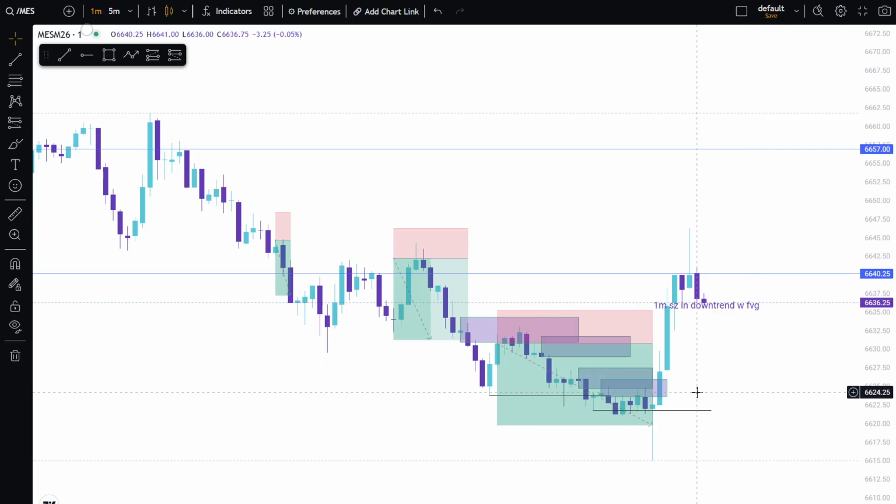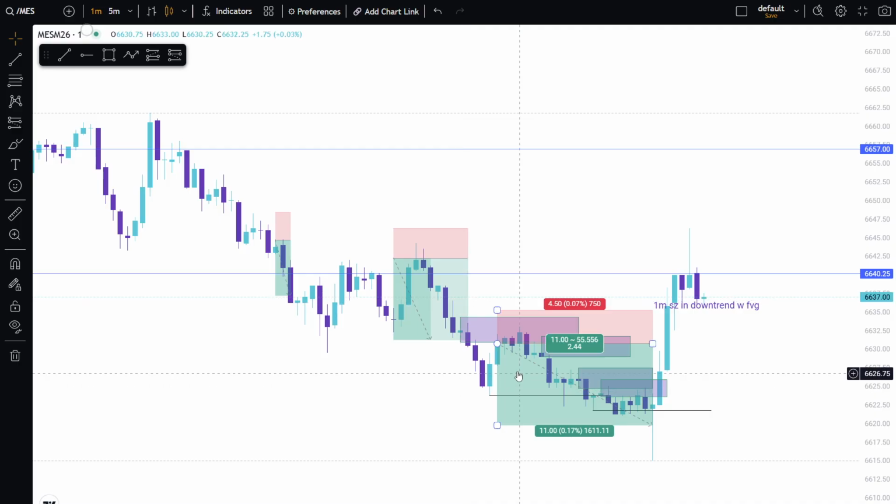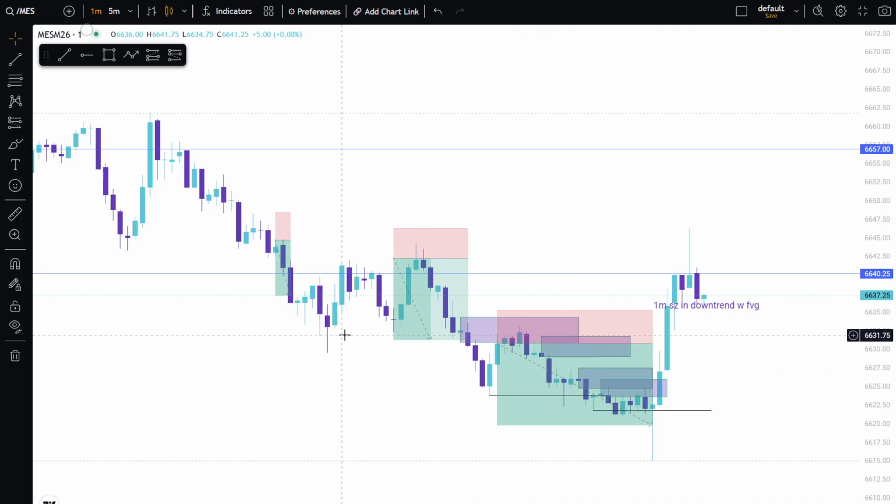And like I said earlier, I didn't like all of those wicks on the 5 minute time frame. But there wasn't really bottom wicks on the 1 minute time frame until here. And I think all of those bottom wicks were showing strength in the opposite direction, which is why we got that big push, that big correction.